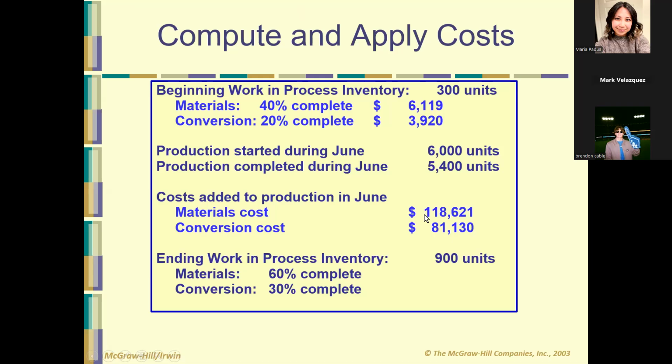The material cost was 118,621, and the conversion cost 81,130. 900 units left, 60% and 30% complete, respectively. I don't particularly like this slide, and I hope to show you something clearer.